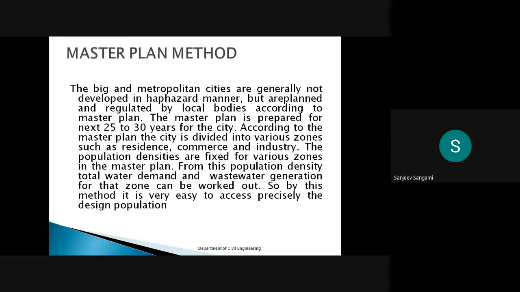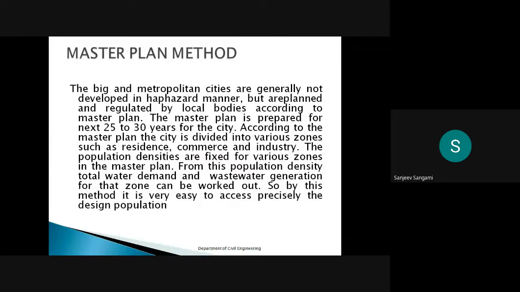Suppose you want to adopt a similar master plan method for other cities, then this method has to be followed. The big and metropolitan cities are generally not developed in a haphazard manner, but are planned and regulated by local bodies according to the master plan.